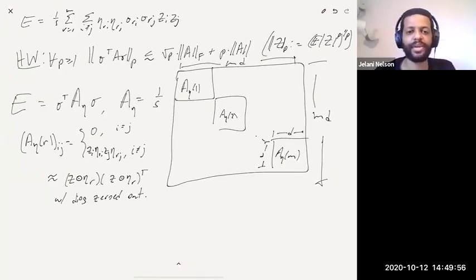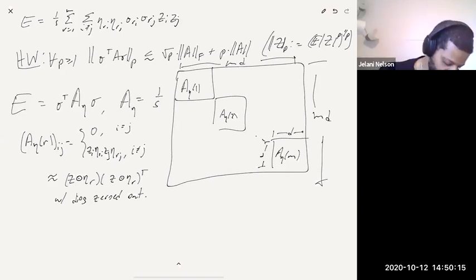Okay, so what do we need to understand? We need to understand the Frobenius norm of A eta and the operator norm. And there are two sources of randomness here. Sigma is random, but so is eta. So let me take the LP norm. Let's look at sigma transpose A eta sigma.